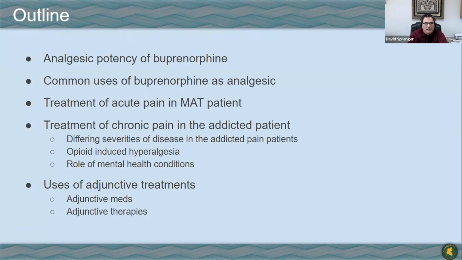That's a frequent question that I get from patients, because they're worried about what if I have to have surgery or get in an accident, how am I going to be treated? We'll talk about treatment of chronic pain in the addicted patient, and then we'll talk a little bit about the use of adjunctive treatments.